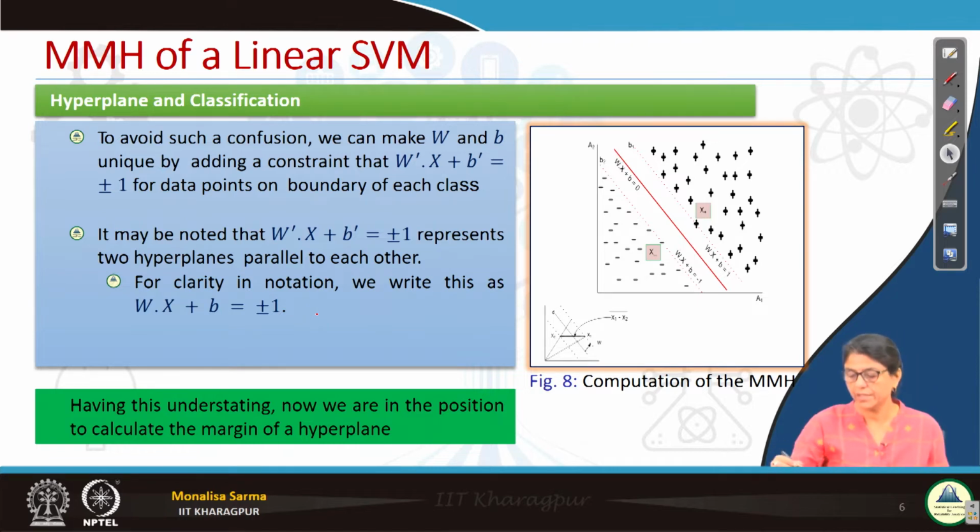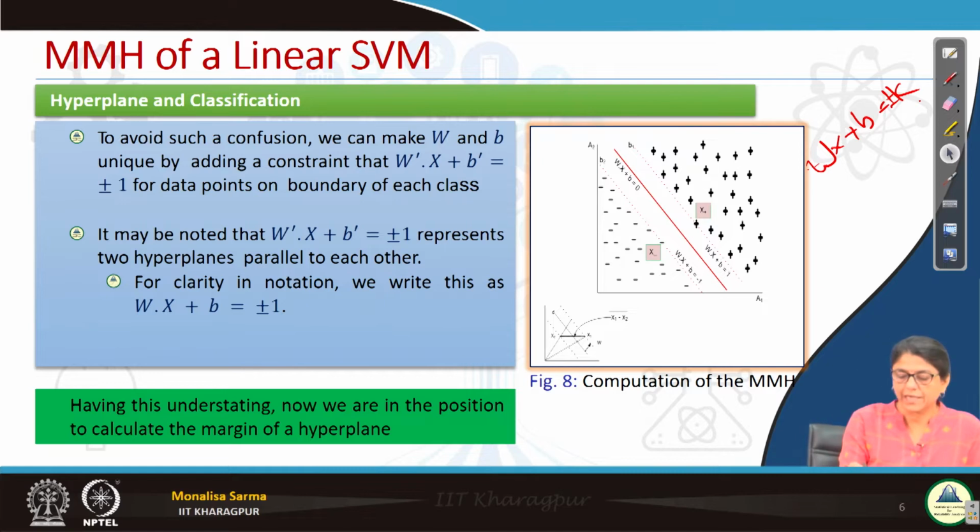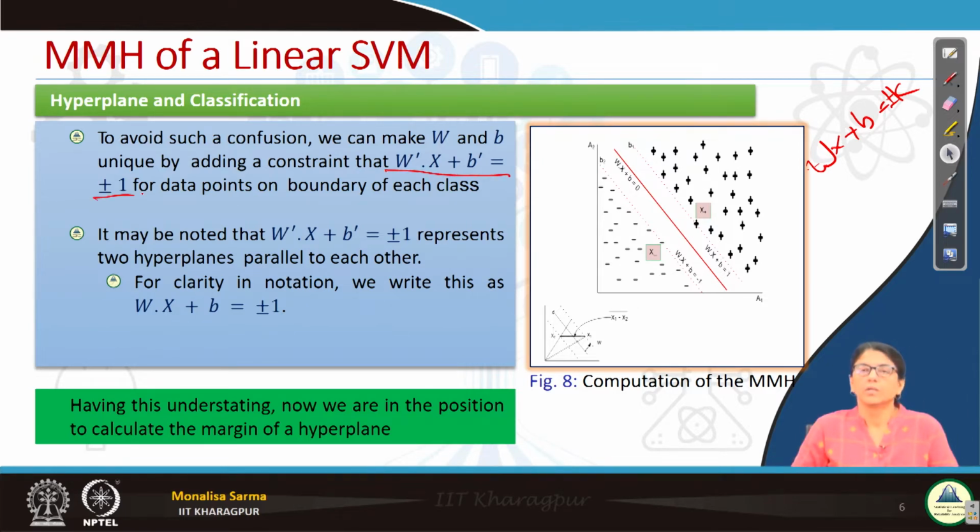So I am just writing it here: Wx plus b is equal to plus minus k, because plus k is above the hyperplane and minus k is below the hyperplane. If I divide both sides by k, I can write this in a more generalized form: W dash x plus b dash is equal to plus minus 1.